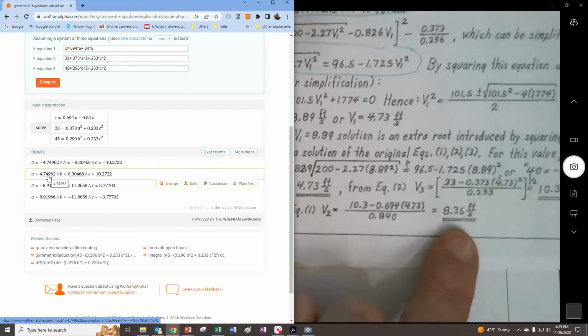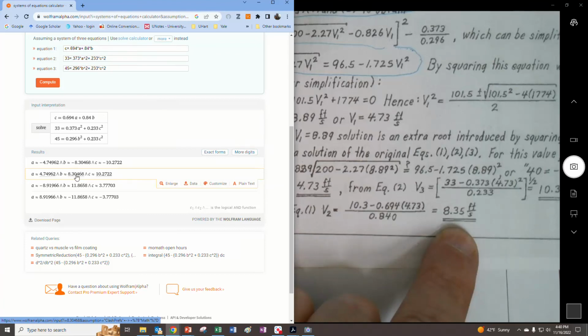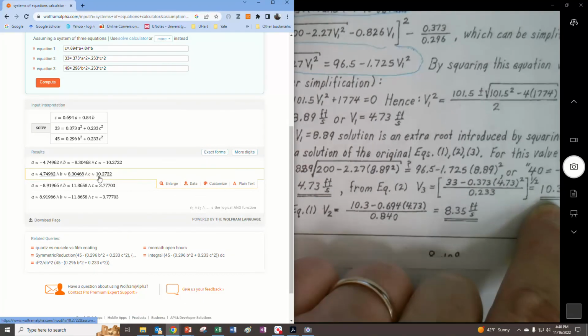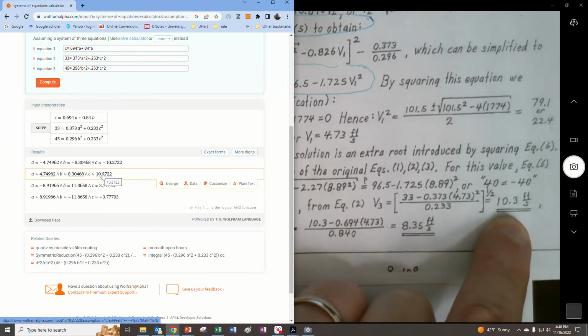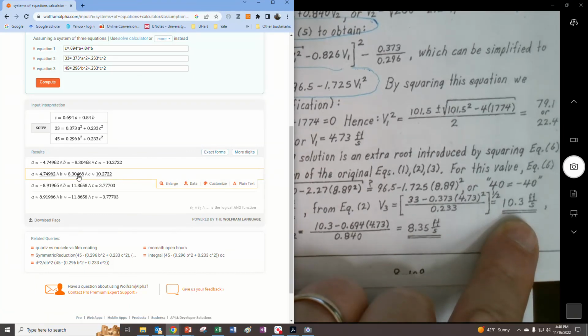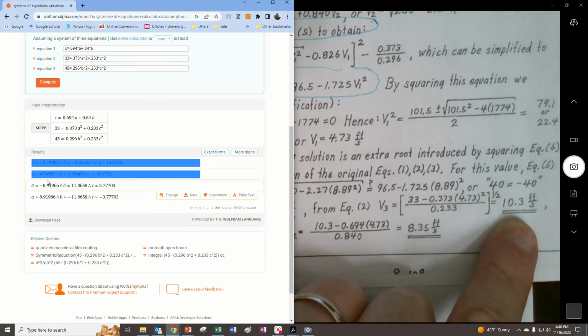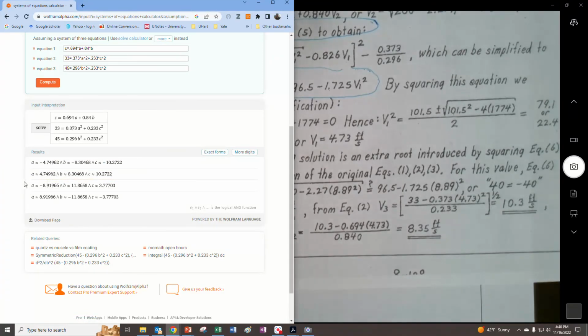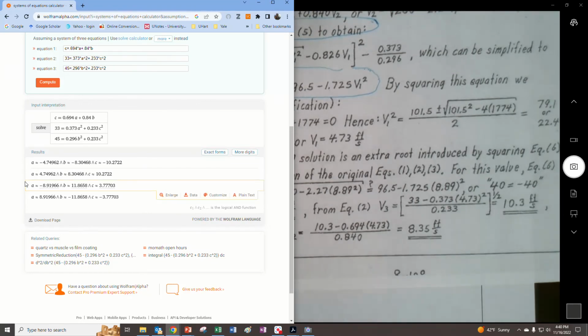V2 is 8.35, and so we get 8.30, and then V3 is 10.3, and we get 10.272. So this one right here appears to be the solution by doing the simultaneous solution of these 3 equations.